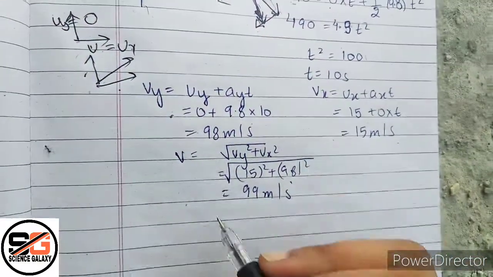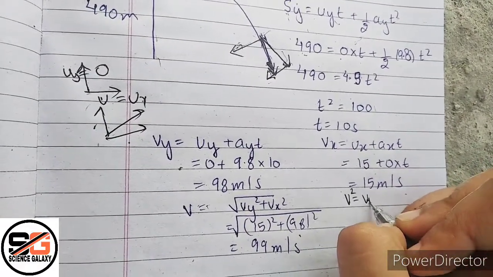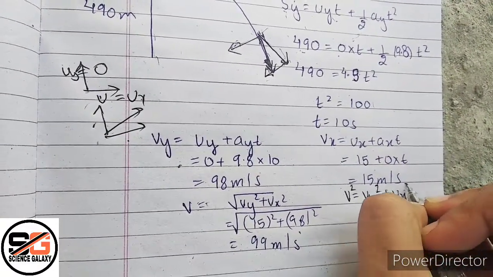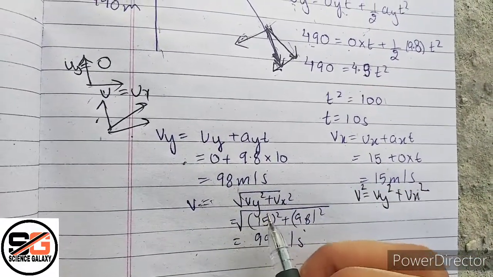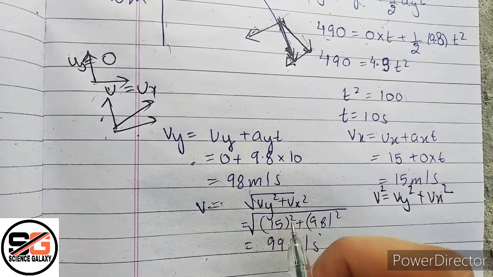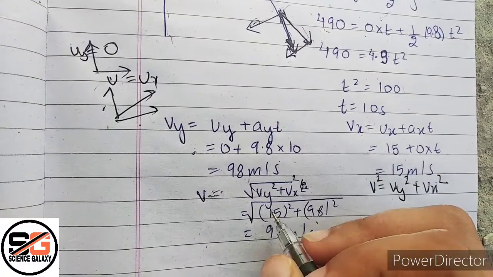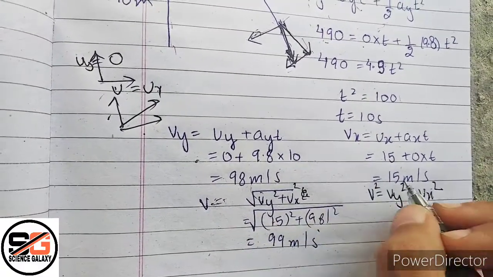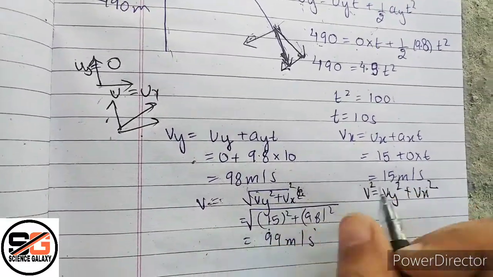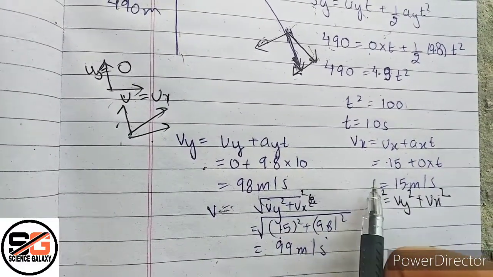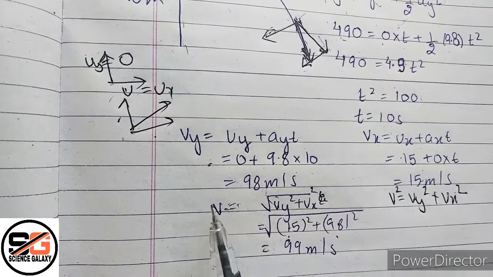We need to find out this, and this equals this square plus this square according to Pythagoras theorem. So V square would be equal to Vy square plus Vx square, or V would be equal to under root Vy square plus Vx square. There is no acceleration in the x-axis, so if initial was 15 meters per second, final velocity will also be 15 meters per second.